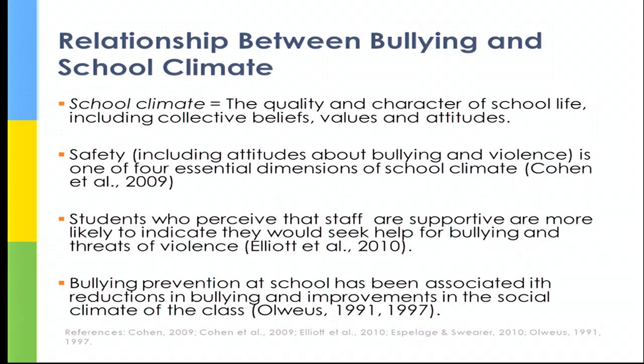So, for example, students who perceive that there are supportive staff at their school, perhaps not surprisingly, are more likely to seek help for bullying. And Dan Olweus found that bullying prevention efforts were associated not just with decreases in bullying at schools, but also improvements in the social climate of classes: kids' reports of being satisfied with the school, more positive attitudes towards school, more positive relationships with peers.